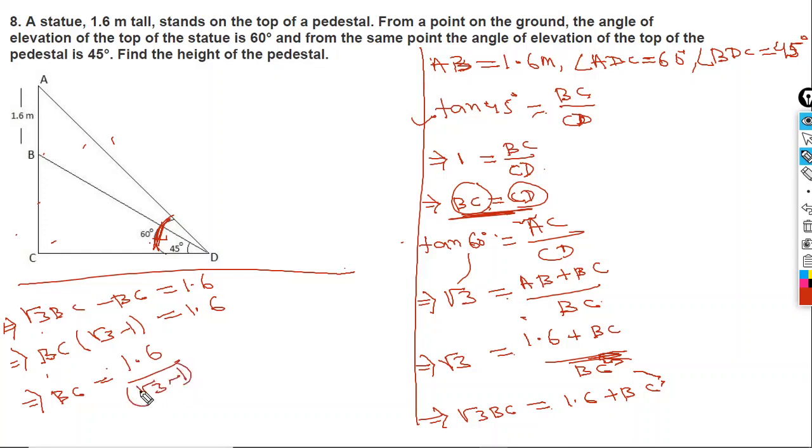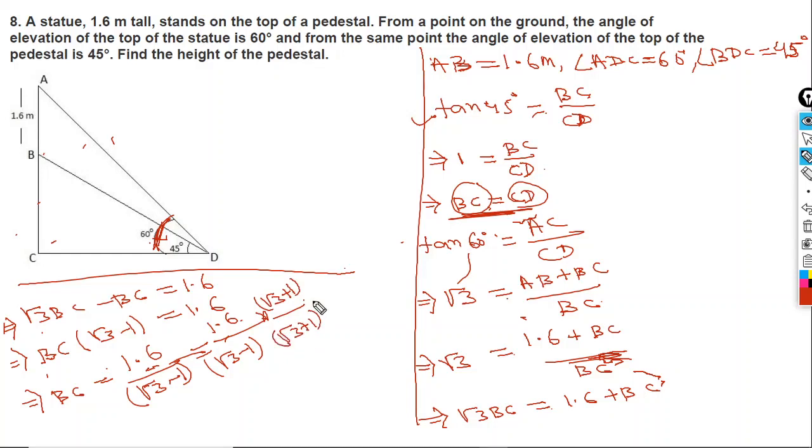Okay, very nice. Now what we have to do? We have to rationalize it. Let's rationalize 1.6 by root 3 minus 1. Here we will multiply by root 3 plus 1 divided by root 3 plus 1.